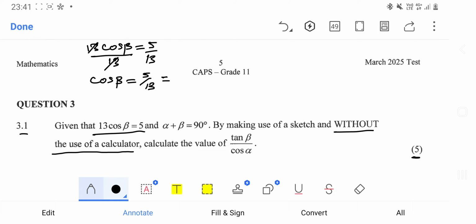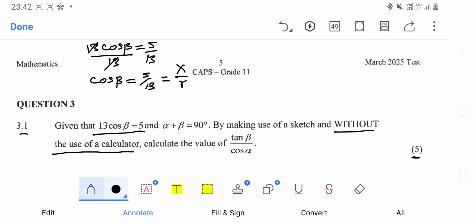Now we have to think about the definition of cos of an angle. It's the adjacent side divided by the hypotenuse. We represent the adjacent side with lowercase x and the hypotenuse with lowercase r. This means x is equal to 5 and r is equal to 13. So now we have to draw our sketch diagram.